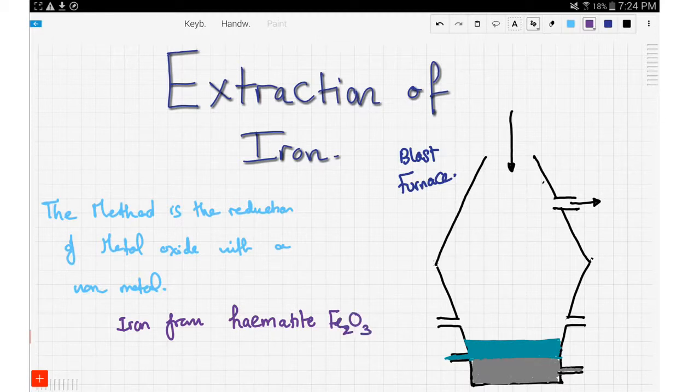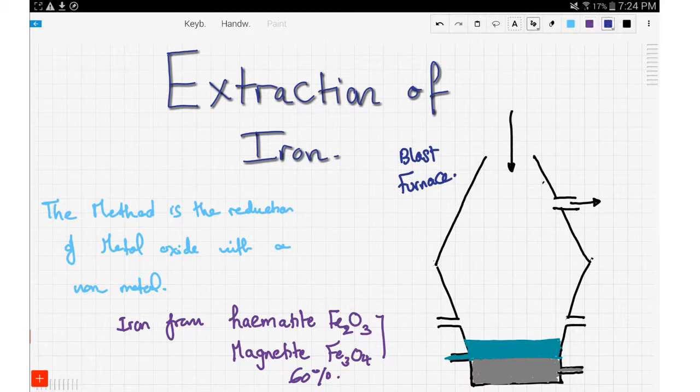And also it can be extracted from magnetite, which is iron 4 oxide. Now, these two ores contain 60% iron. So let's see what happens in the blast furnace.